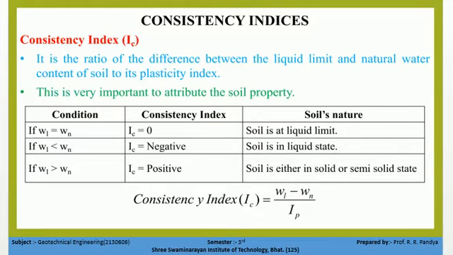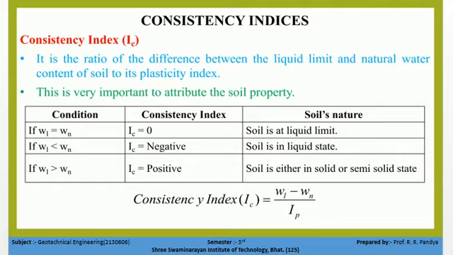Here, the plasticity index is nothing but the subtraction of the plastic limit from the liquid limit. The equation is WL minus WP, where WL is liquid limit and WP is plastic limit. Plasticity index is denoted by IP.